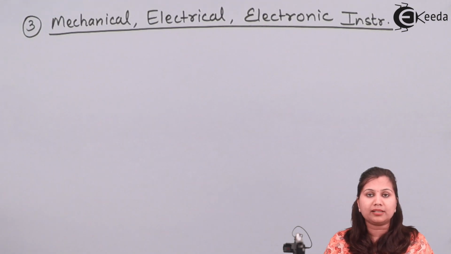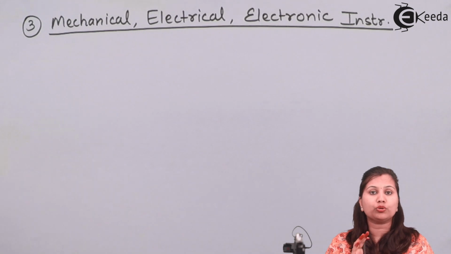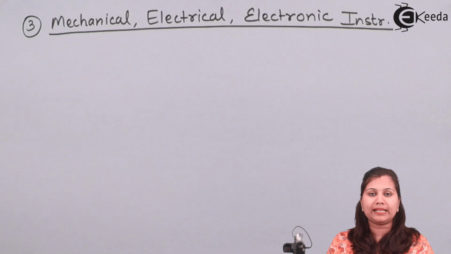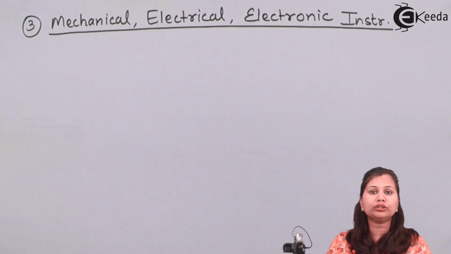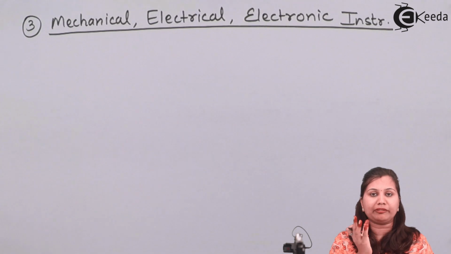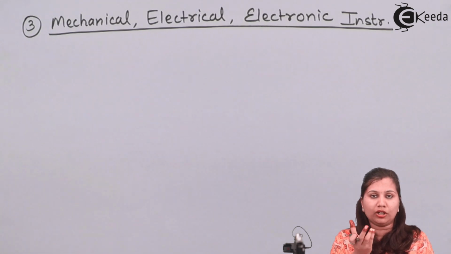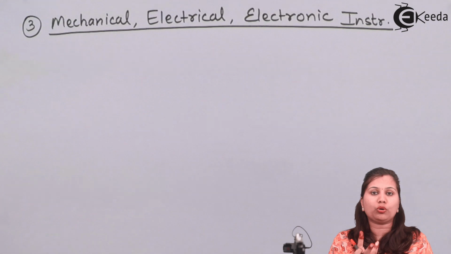In the galvanometer, the pointer is deflected due to the movement of the coil. This coil is placed in the magnetic field of a magnet, and when the magnetic field changes from strong to weak, the coil is rotated. So due to the rotation of the coil, the pointer is deflected over a scale.